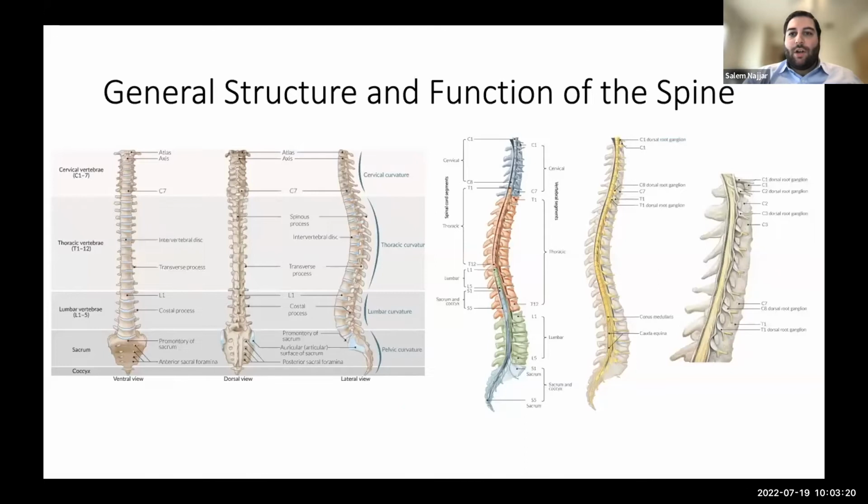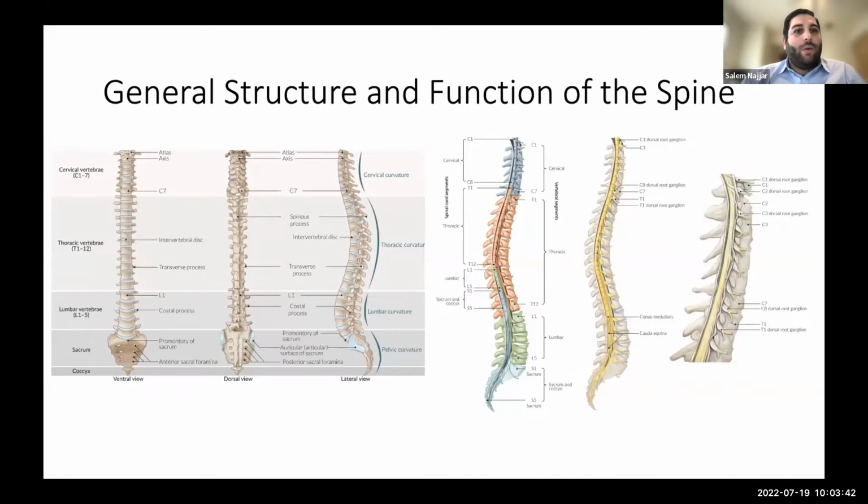Just to start, does anybody want to talk really quickly in the chat about the general structure of the spine, as well as a very important couple of functions of the spine? Okay, yeah.